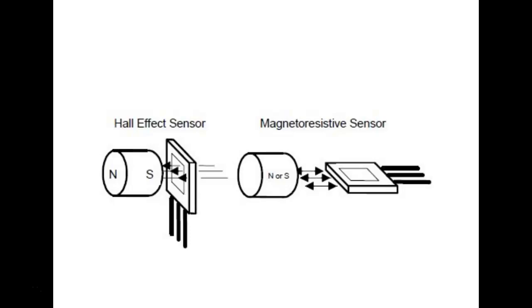So this is a big difference between Hall effect and magnetoresistive. With Hall effect, we place it perpendicular to the magnetic field. With magnetoresistive, we place it parallel to the magnetic field. There are quite a few of these in your automobile. Usually one of these is used as your tach gauge, and something like this is used for your anti-lock brake system.